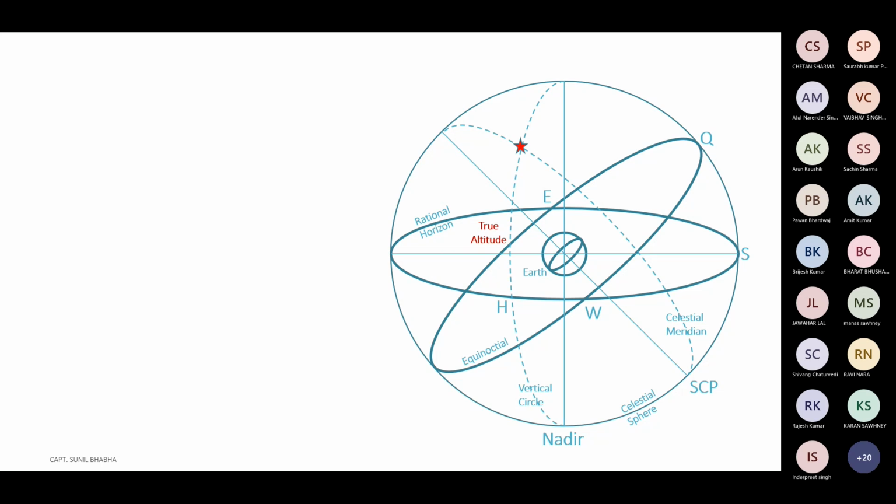Now, having understood both these systems of reference, that is the equinoctial system, which is based on the equinoctial and the celestial poles, and the horizon system, which is based on the rational horizon and the zenith and nadir or the vertical circles, we can now move on to understand the concept of the PZX triangle.